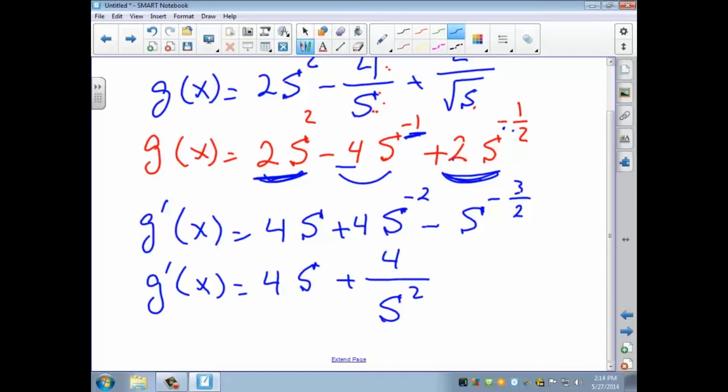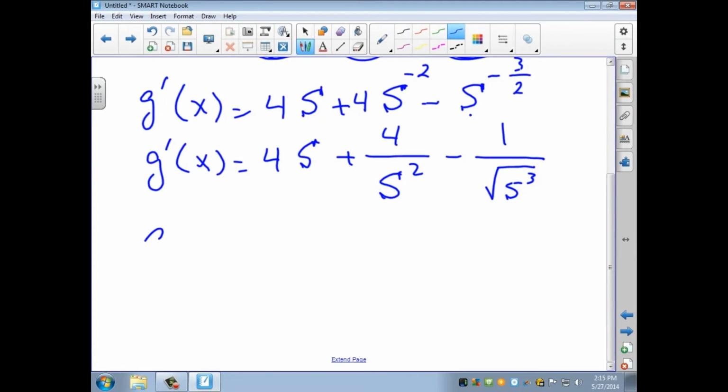I take care of the negative there, and here would be minus 1 divided by, instead of s to the minus 3/2, it would be square root of s to the 3rd, because it's a 3/2.